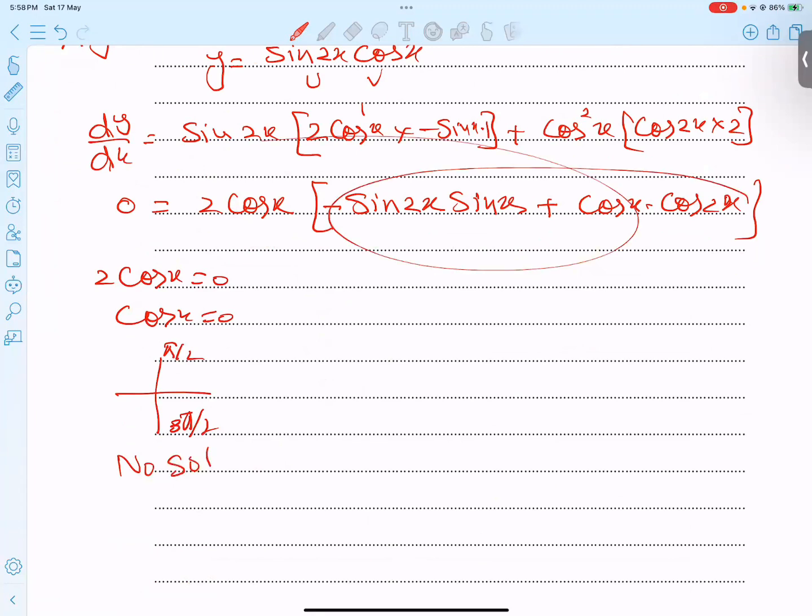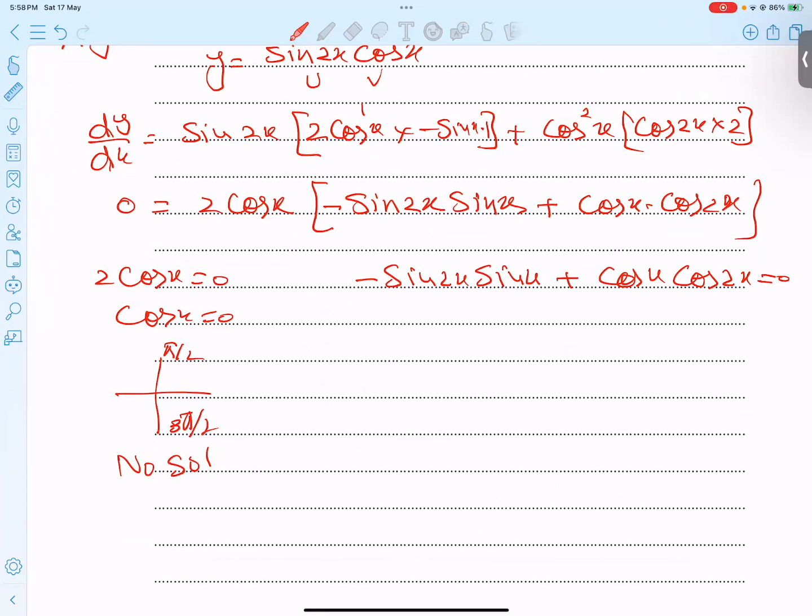So when I plug in this whole thing equals 0, students, what happens then? I can see here negative sine double x, sine single x plus cos single x, cos double x is equal to 0. So this I bring to the other side, and negative negative cancel, and then I get this form: sine double x, sine single x, cos single x, cos double x.